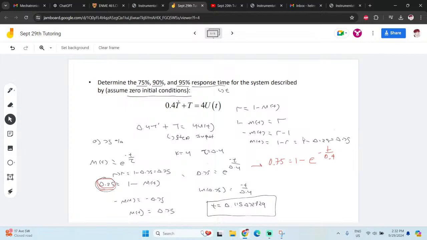So that's 25%. Like if it's a 90% rise time and it completes 95% of the step function, then the dynamic error is 10%. So it's whatever's not done.